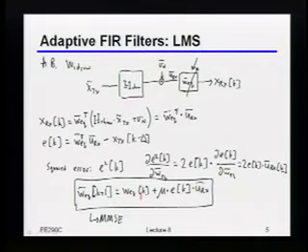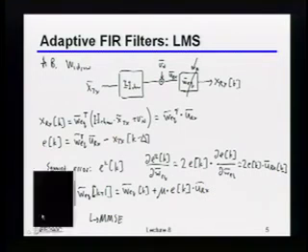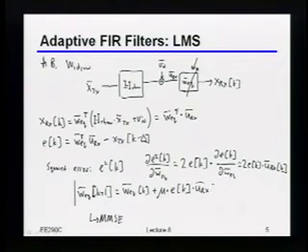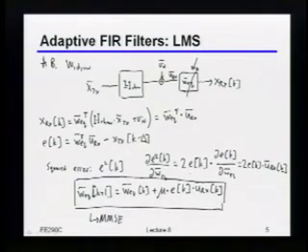Oops, I missed one bar over there. This is also a vector here. To be slightly more consistent, I'll add the k onto that u over there. What this is basically saying is that you're taking the error, oh darn it, there.